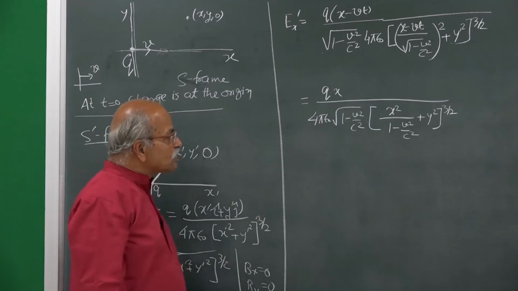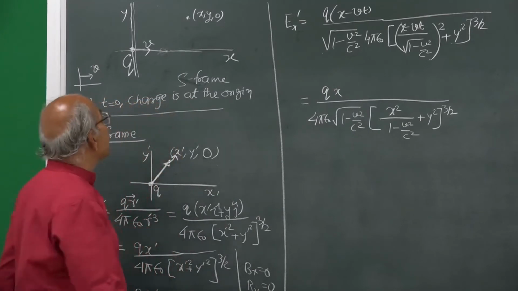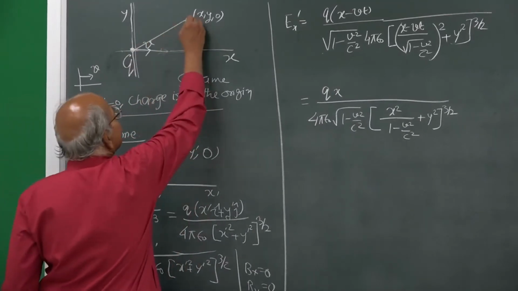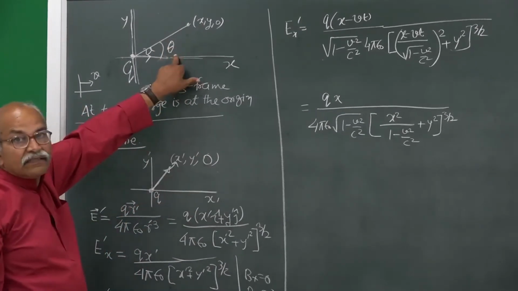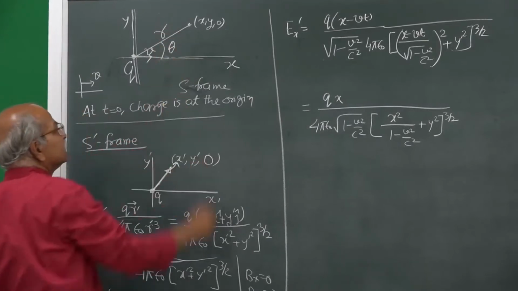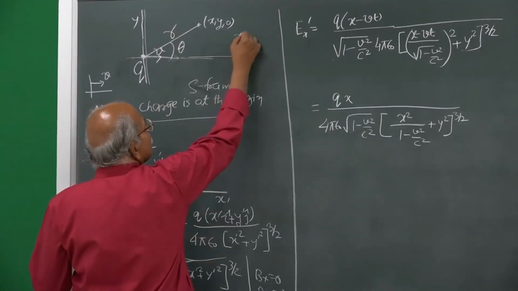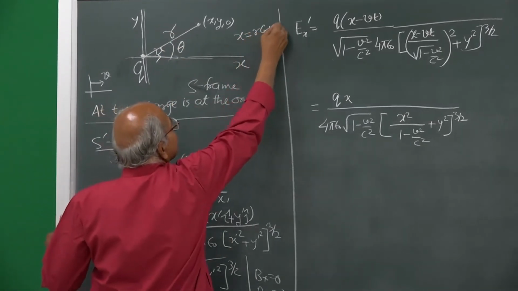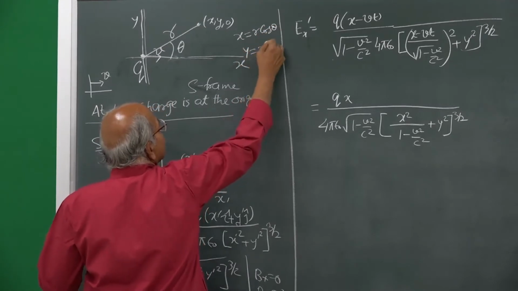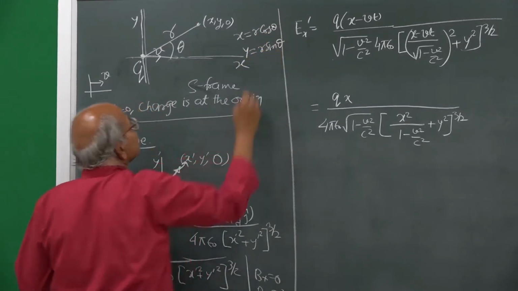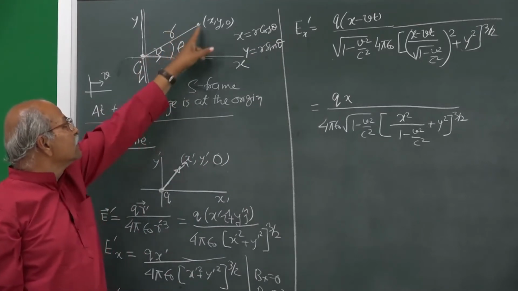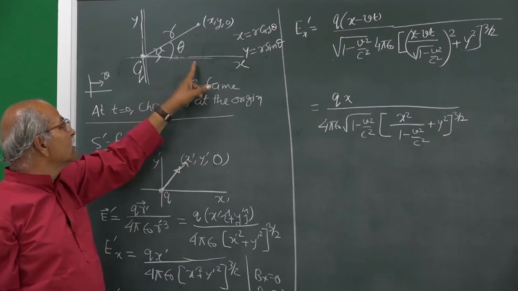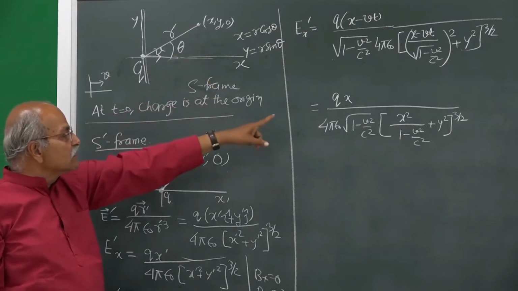I can make a more simplification if I say that this angle is theta and this distance is r, then x is equal to r cos theta and y is equal to r sin theta, right. In S frame, if this distance is r, this angle is theta, then x will be r cos theta and y will be r sin theta. So, I can put there.